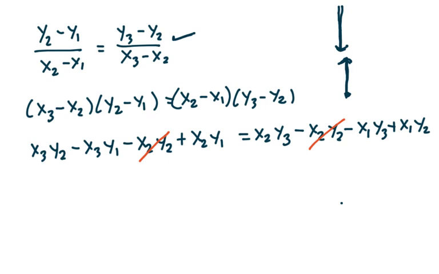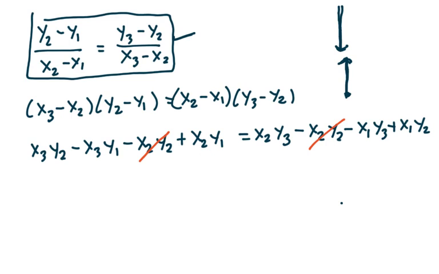I'm trying to arrive at this conclusion, because if I can, that means I can show that the three points are collinear by a string of equivalent statements. So now, (x3 minus x2) times (y2 minus y1) is the same as (x2 minus x1) times (y3 minus y2).